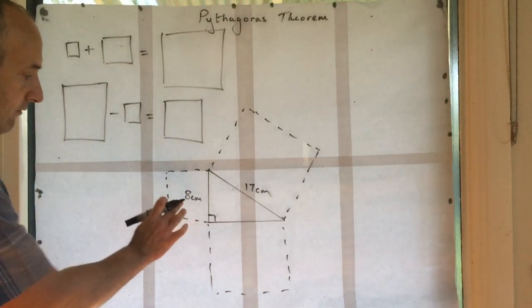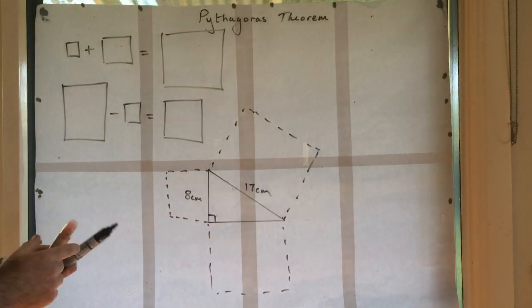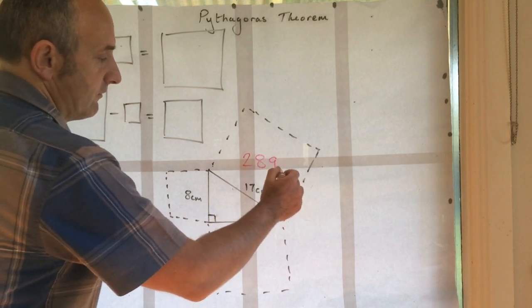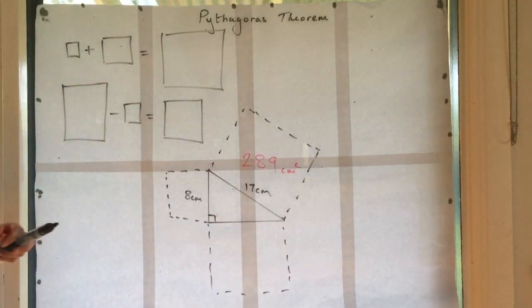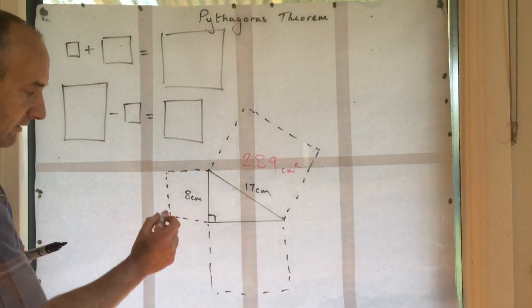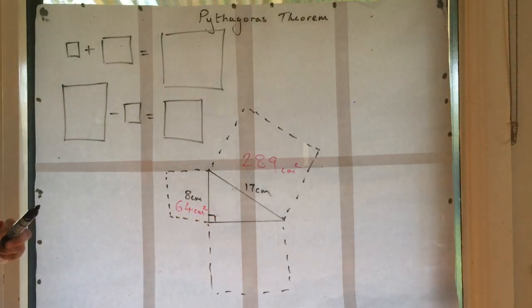So, let's work out. First thing I need to do is, what's the area of this square here? What's 17 times 17? 289 centimetres squared. What's the area of the small square? What's 8 times 8? 8 times 8 is 64 centimetres squared.